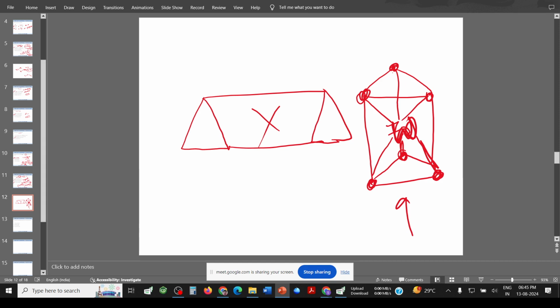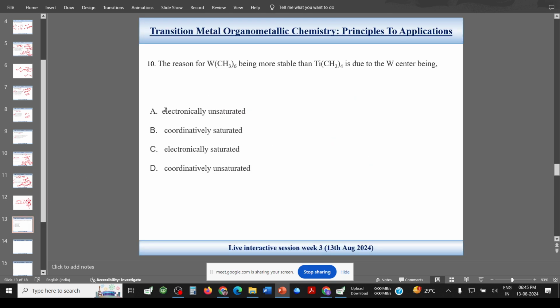Okay, and the last question for today's discussion: the reason for the tungsten hexamethyl complex being more stable is due to the tungsten center being... what will be the correct answer for this? Coordinatively saturated.